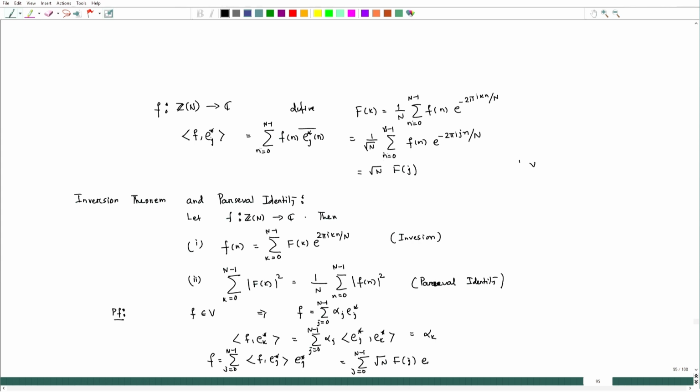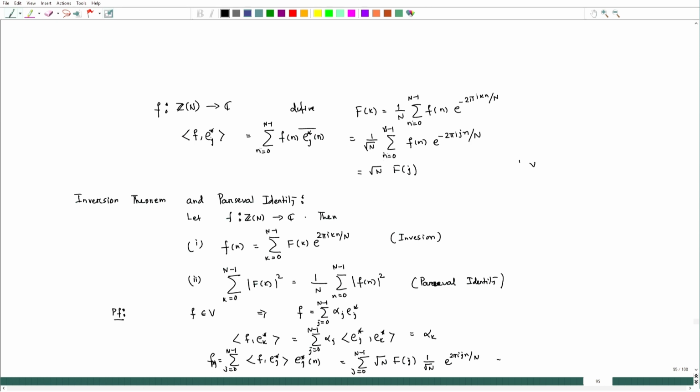And E j star I can write as 1 by square root of n e to the power 2 pi i j n by n.